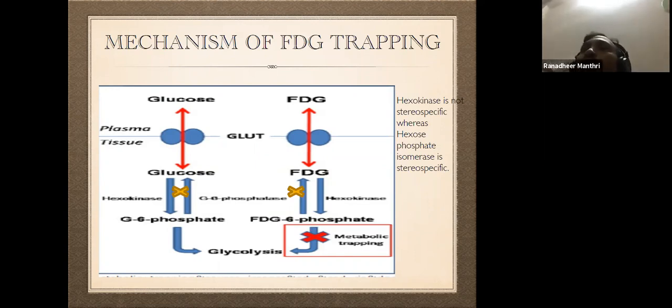It identifies glucose and FDG as separate, so when FDG converts into FDG 6-phosphate, it cannot undergo further metabolism. That's why FDG remains inside the cell without either going out or entering the glycolytic pathway. Next slide.